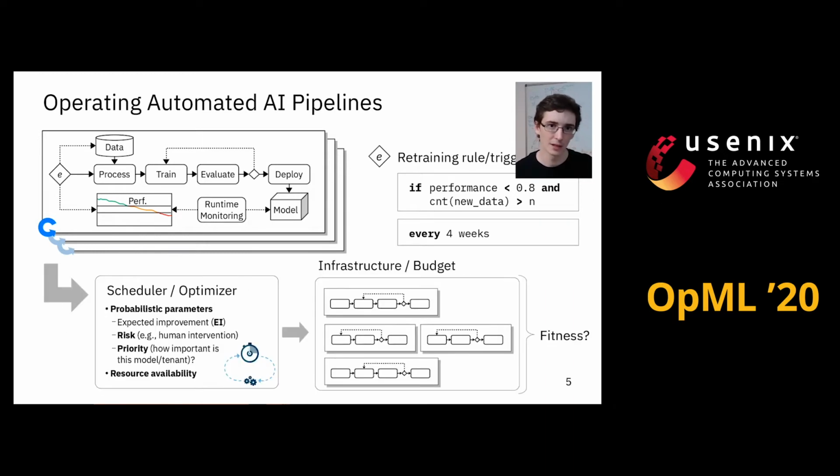So what we were now thinking about was to create a pipeline scheduling strategy that would optimize schedules towards probabilistic parameters such as the expected improvement of running a pipeline on a model, or the risk associated with running the pipeline, and also consider the available resources or budget.